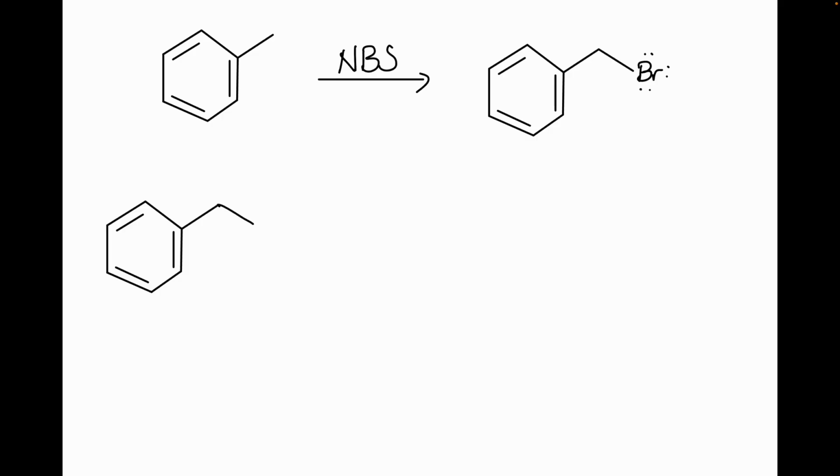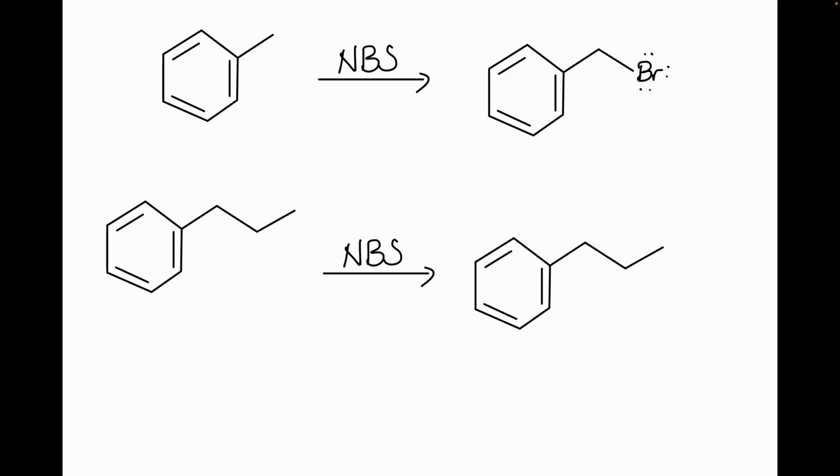Likewise, if we take propylbenzene and add NBS, we're going to put a bromine on that benzylic carbon, specifically the one that's one removed from that benzene ring.